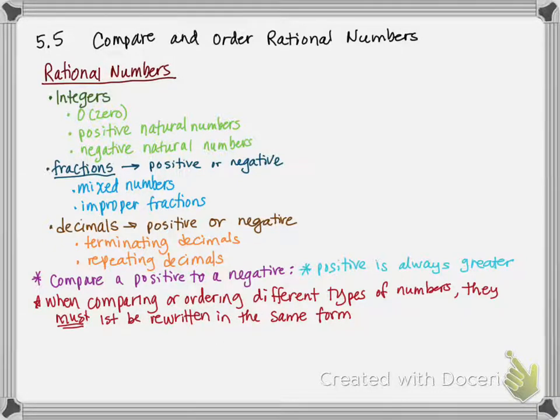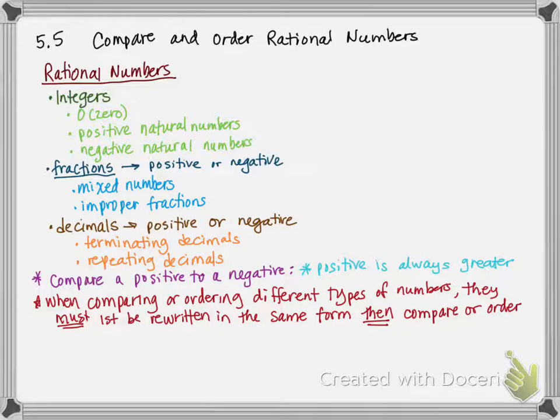Now you can compare integers, whole numbers and their opposites, with decimals and fractions, right? Because you can figure out where those decimals or fractions fall between the numbers that you have. So in the same form, then compare or order. Okay.